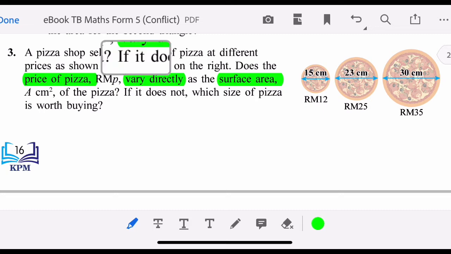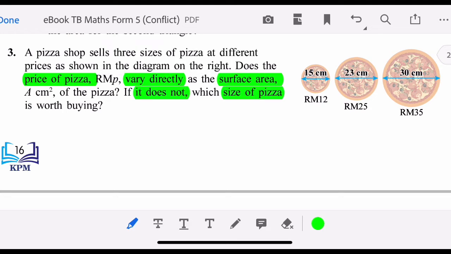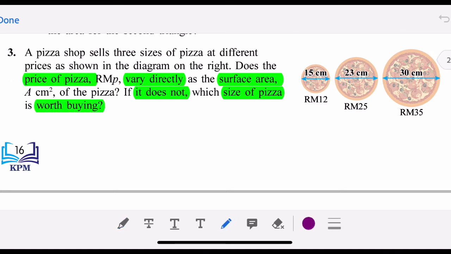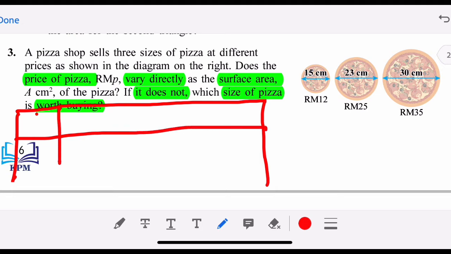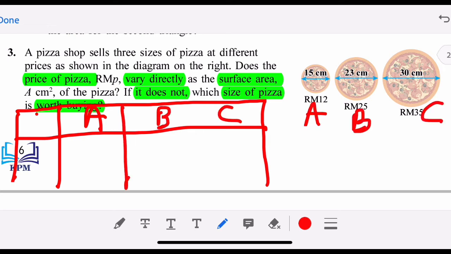If it does not, then which size of pizza is worth buying? So in order to solve a question like this, you have to actually work out a table to find the relationship between the surface area and price. Let's say this is A, this is B, this is C.